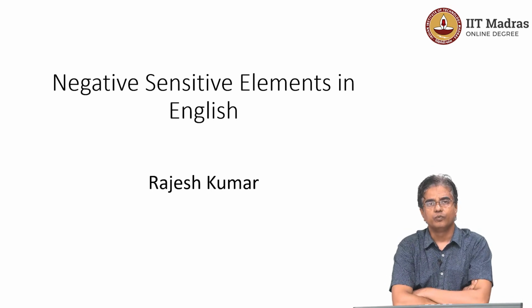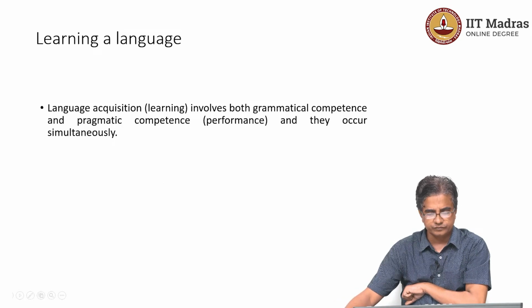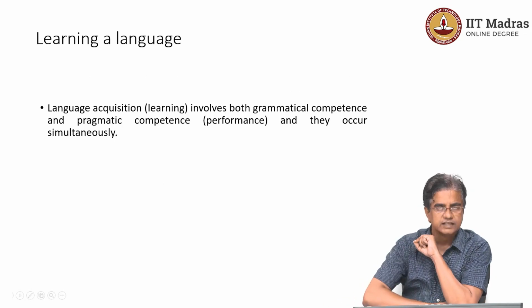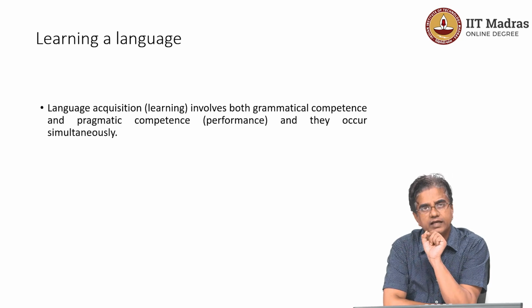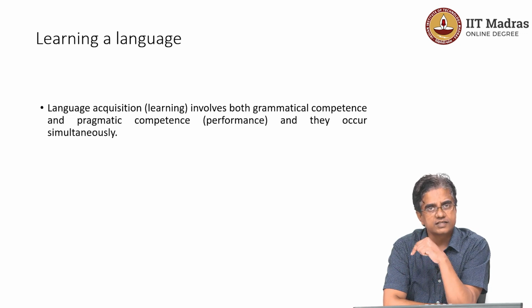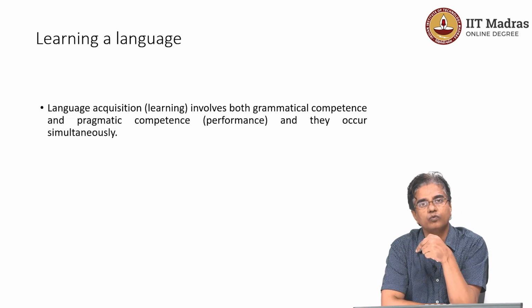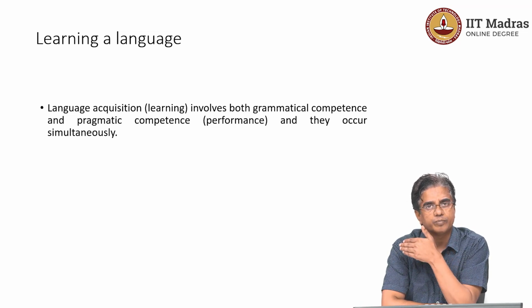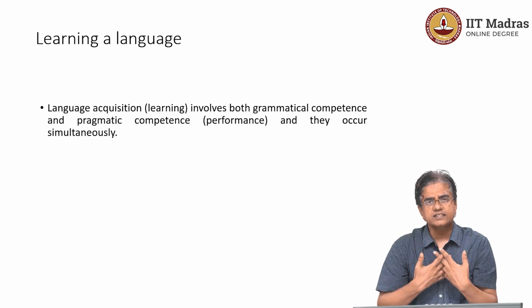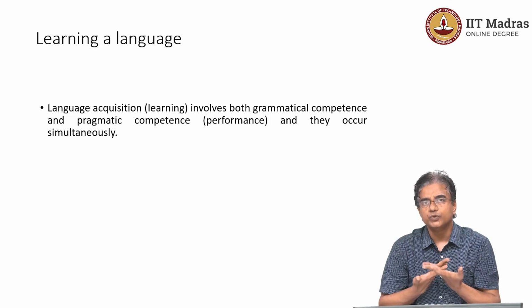As we know, we learn language by looking at grammatical competence. That is, we understand structure through how it gets processed in our mind, along with pragmatic competence. At some other point, we will talk about pragmatic competence separately. But pragmatic simply means how we use the language.